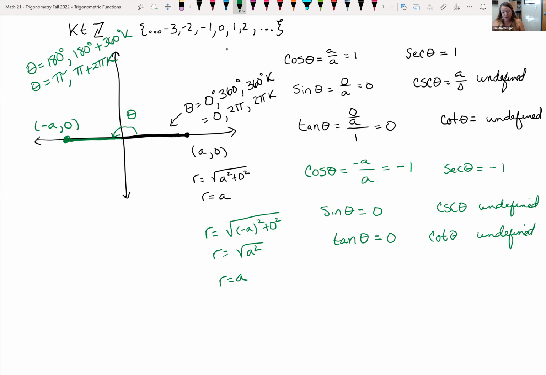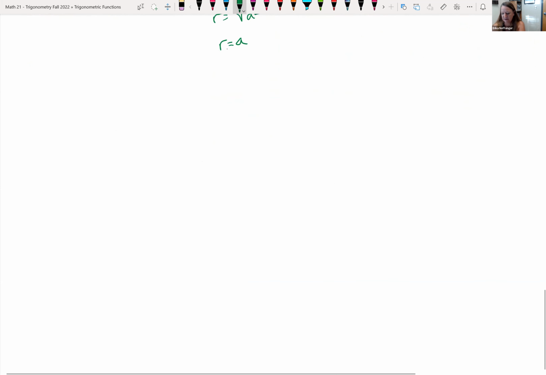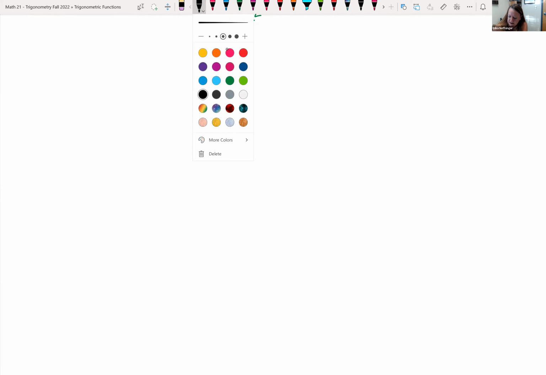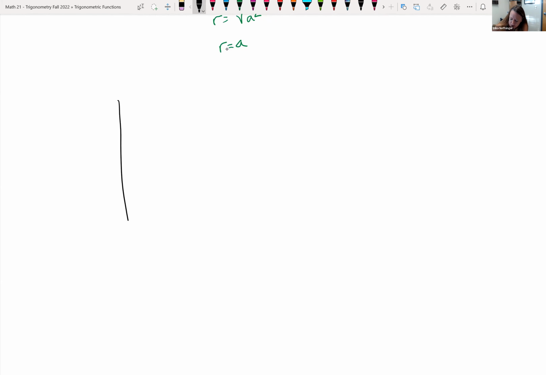So we can do the same thing, the quadrantal angles that fall on the y-axis with what we just did here with the x-axis, positive and negative. So if we look at some point on the positive y-axis first.